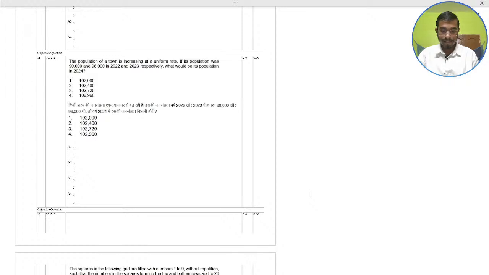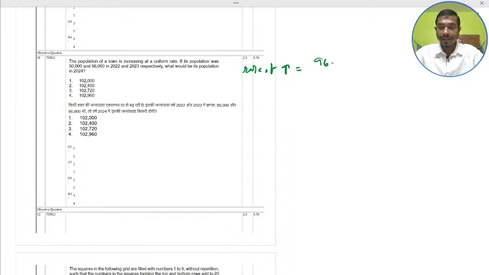Try yourself. So basically you have to find the rate of increase. So the rate of the increase, what was that?